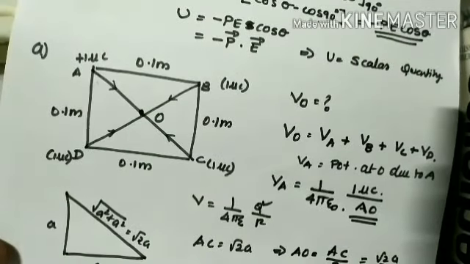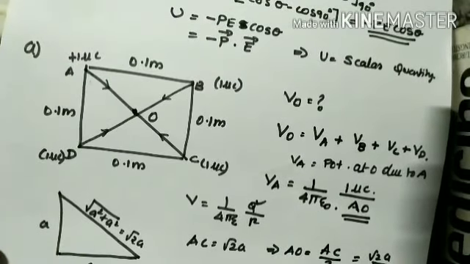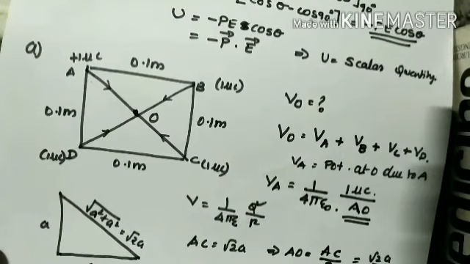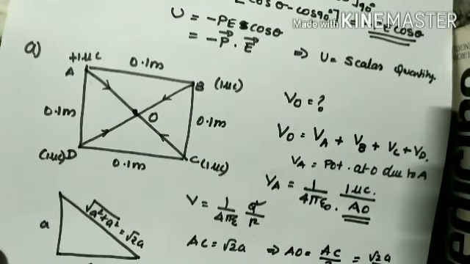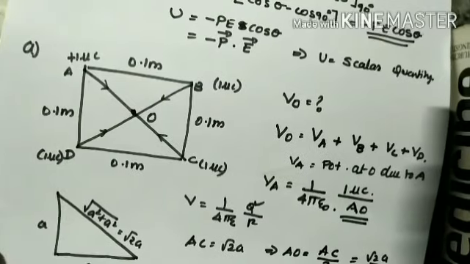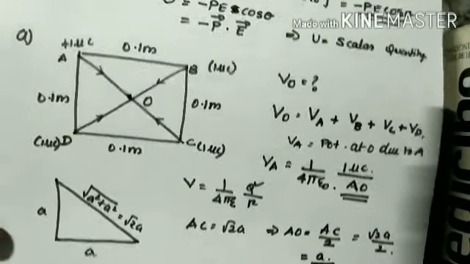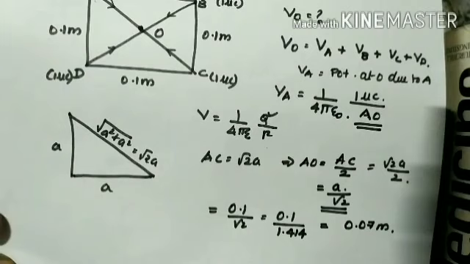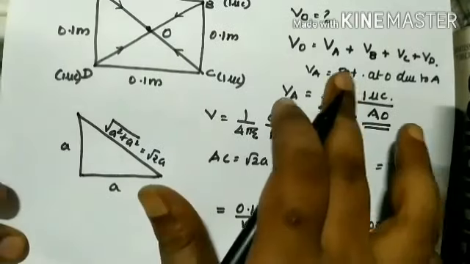When you calculate, what will you get? 0.1 divided by root 2, which is 0.1 divided by 1.414. You will get around 0.07 meter as the value. Calculate it, guys, by yourself. Now I'm going to put this value in the earlier expression.